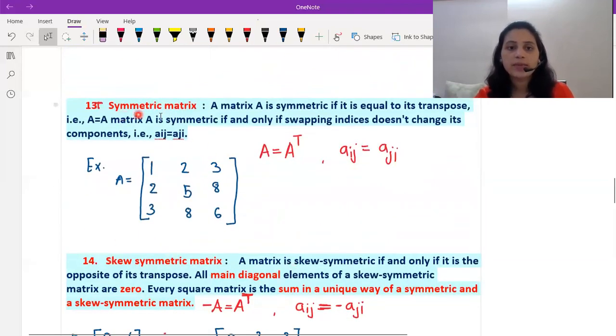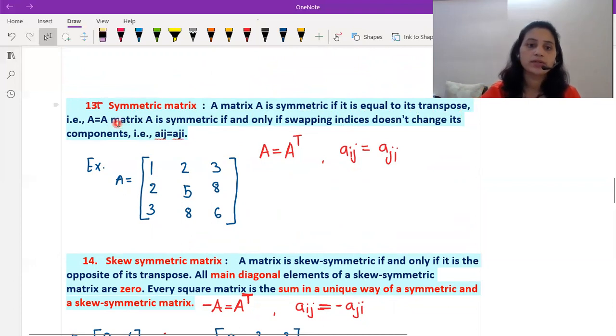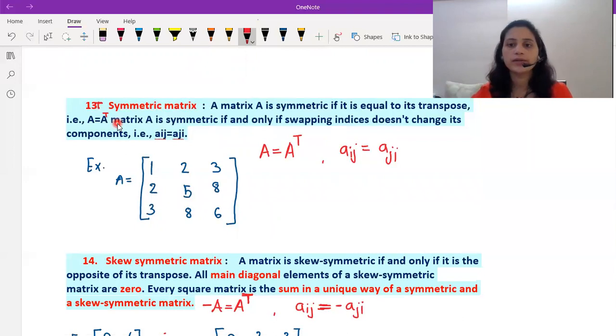Next, symmetric matrix. Now what is a symmetric matrix? The name itself suggests the meaning. The matrix A is symmetric if it is equal to its transpose, A raised to T. So A is equal to A transpose.